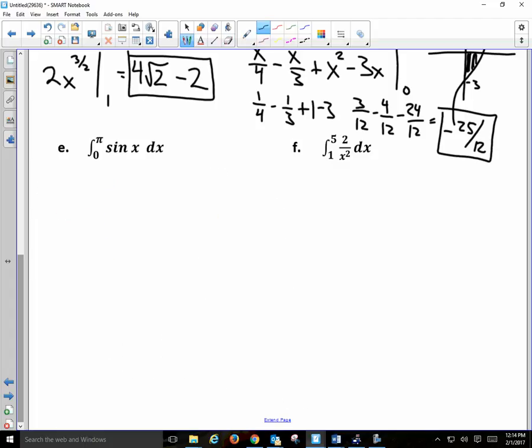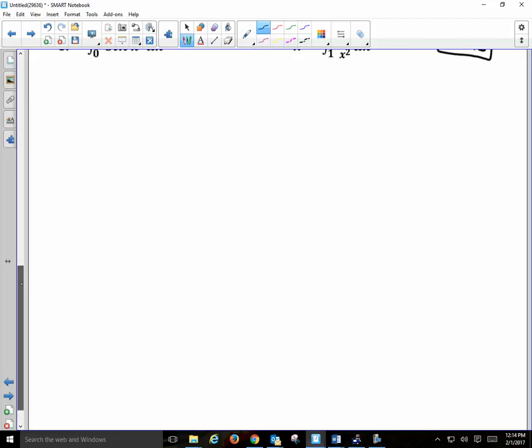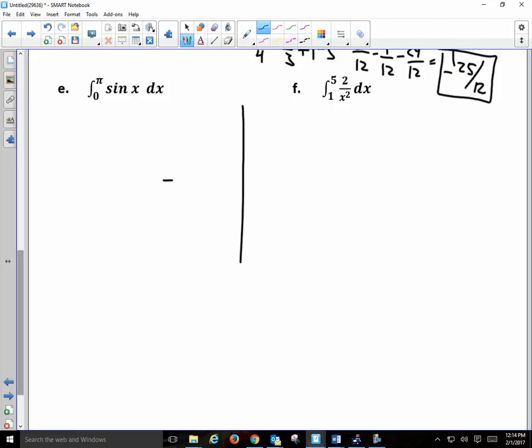Last example. This graph, 2 over x squared, looks like this. Do you think we could do it from negative 1 to 5? No, it's discontinuous. It has to be continuous, okay? And so from 1 to 5, the area is going to look like that. Should be positive. This is 2x to the negative 2.